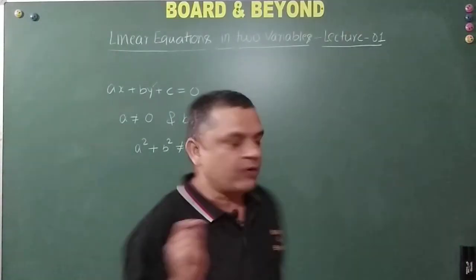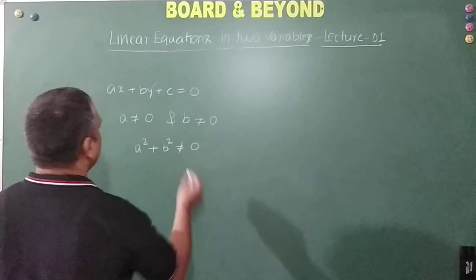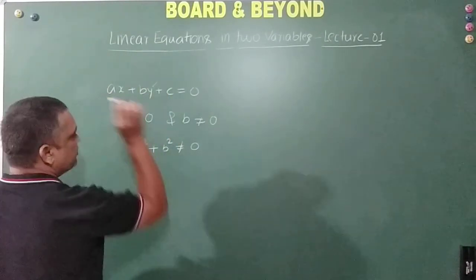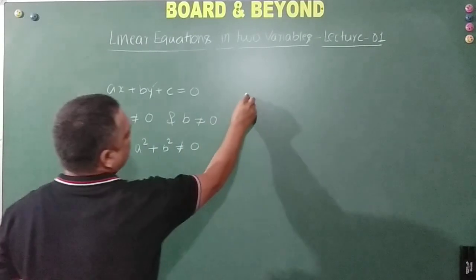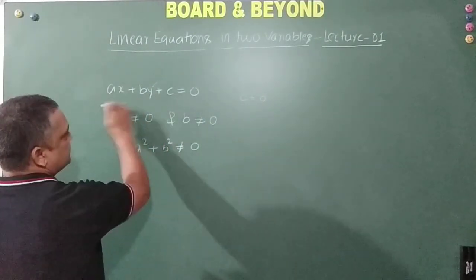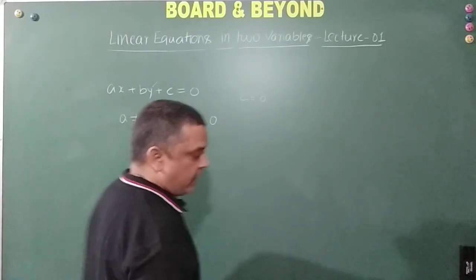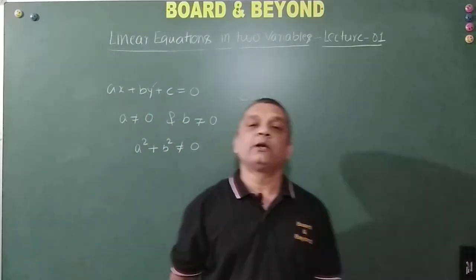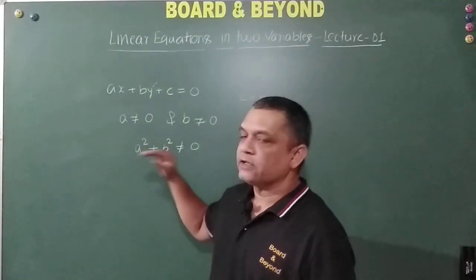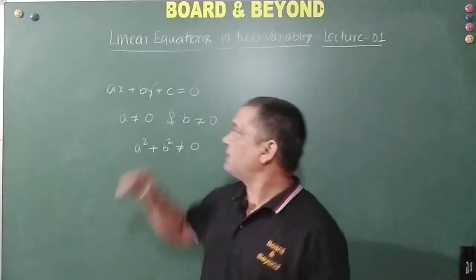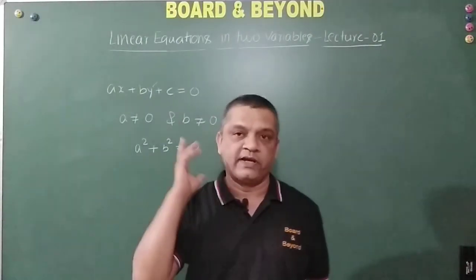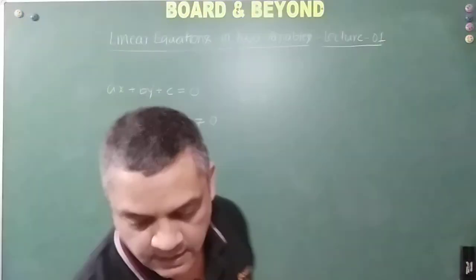Because what happens in that case is that if a and b both become 0, then it becomes c is equal to 0, because both get dissolved. And then it doesn't remain a linear equation at all. So these are the two criteria that it has to meet. Only then do we say that this expression or equation is a linear equation in two variables. Let us move forward.